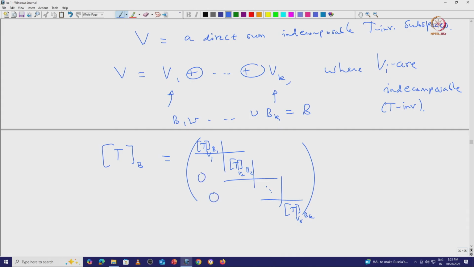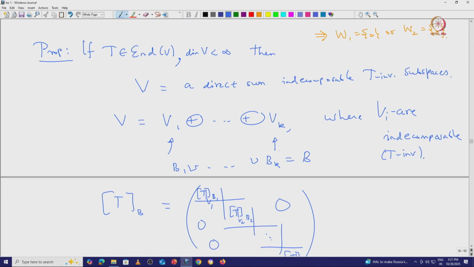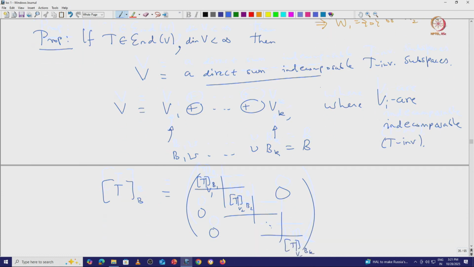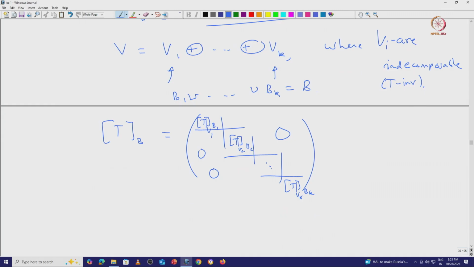At least this guarantees that theoretically you have a decomposition telling you there is a basis with respect to which the given linear transformation looks somewhat simpler. So, this is a block diagonal or block decomposition.